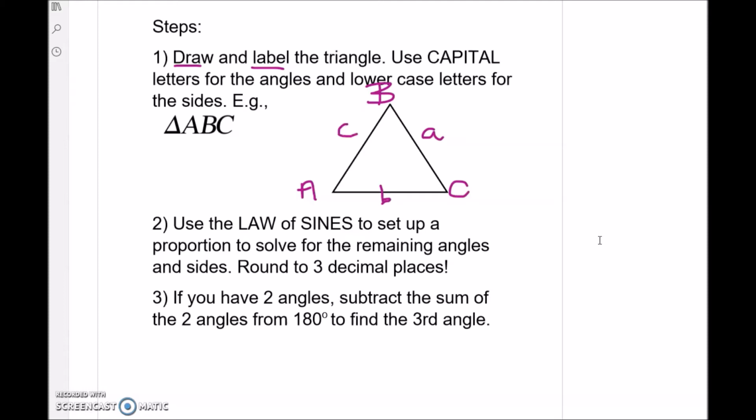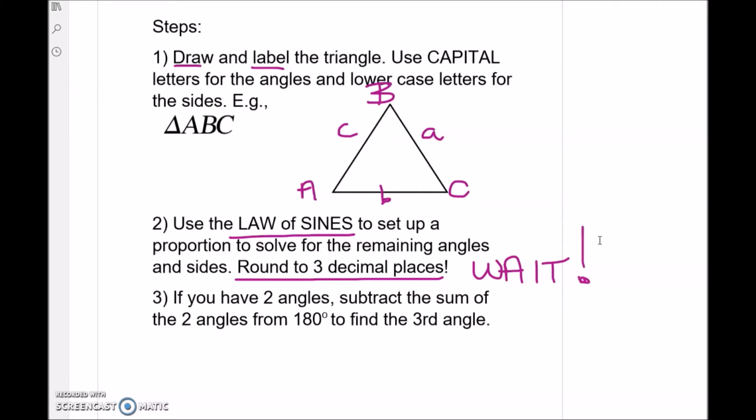If you draw out the triangle, it will really help you avoid making some pretty silly mistakes. Then we're going to use the law of sines to set up a proportion to solve for the remaining pieces. Always remember you want to round to 3 decimal places, and you want to wait until the end to round.